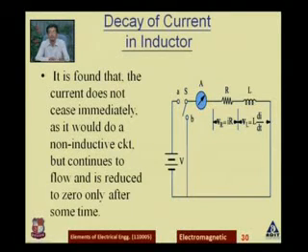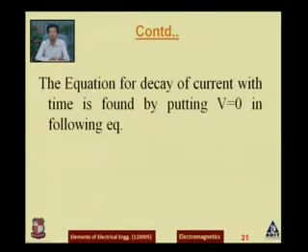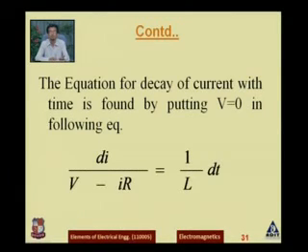What is lambda? Lambda is equal to L by R. So depending on the value of the inductor and the resistor, the current will become zero. It will not depend on the battery. The equation for the decay of the current with time can be found by putting V equal to 0 in the following equation.